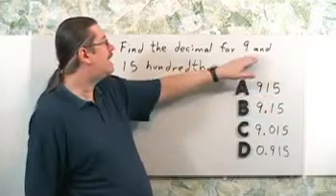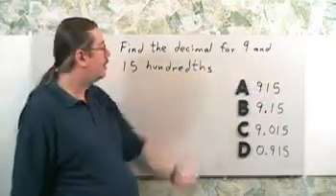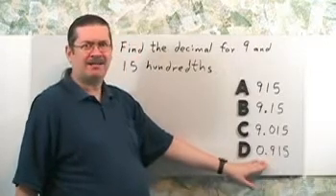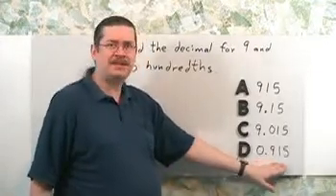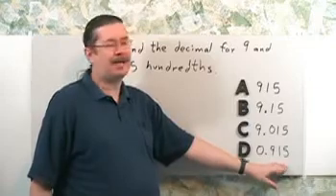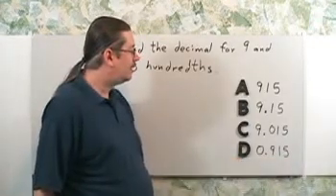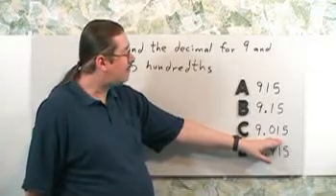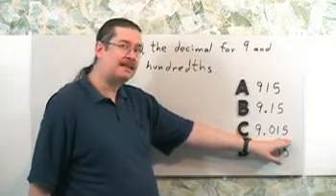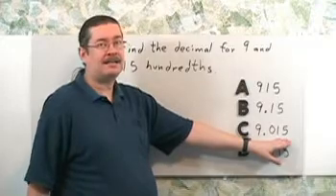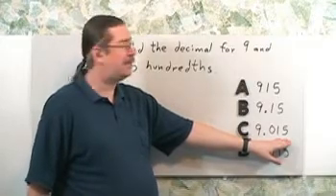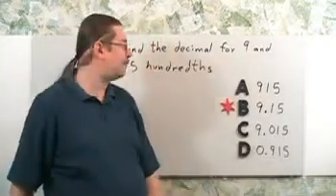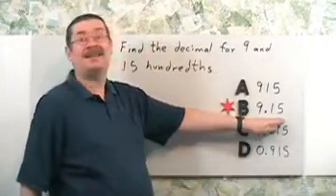It's too big. This is just 9, it's just a whole number 9. Look at D. You don't even have a whole number 9 in front. This is 915 thousandths. That cannot be the answer. C has a 9 as a whole number, yeah, but we now have 15 thousandths. 3 decimal places is the thousandths place. That cannot be the answer. So B needs to be the answer. 9 and 15 hundredths.